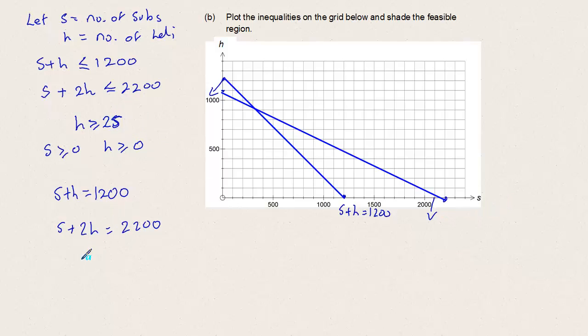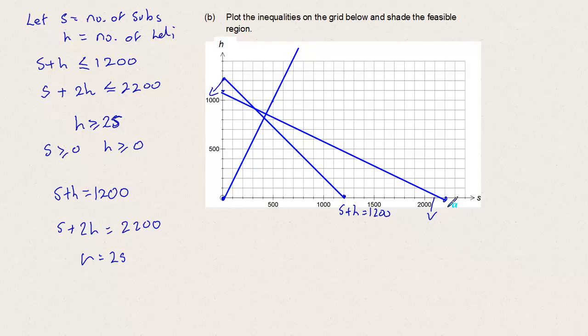And finally, H is equal to 2S. So if S is 0, H is 0. If S was 500, H would be 1,000. So that's going to put that just there, and a straight line through those.